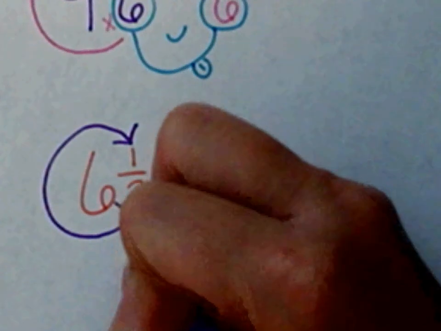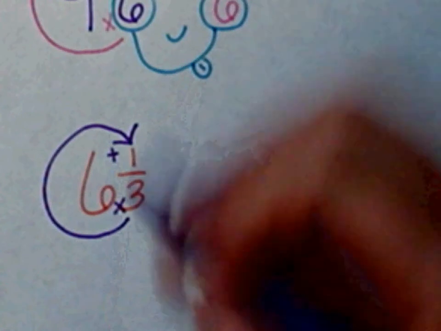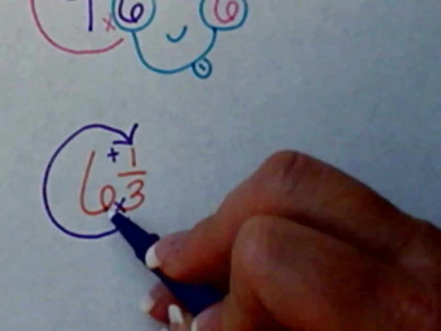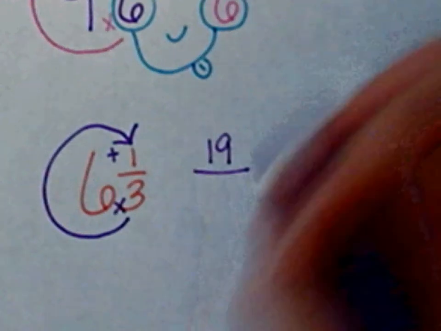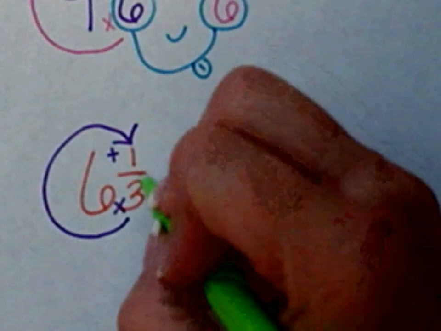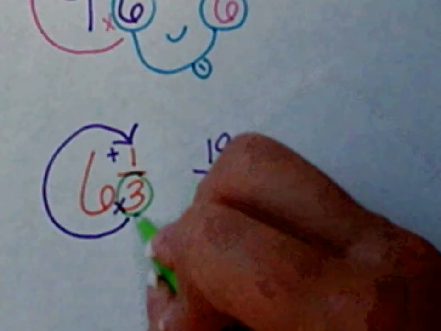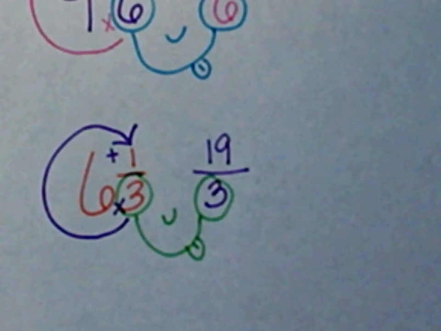Okay, so you should have tried this one on your own. First thing we need to do is lasso it. When I move from the 3 to the 6, I'm going to multiply. As I move from the 6 to the 1, I'm going to add. So 3 times 6 is 18, plus 1 is 19. Denominator stays the same. Check.